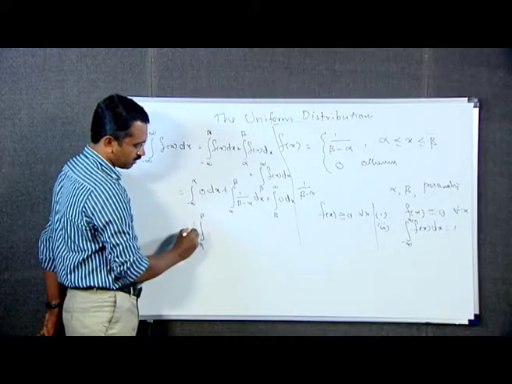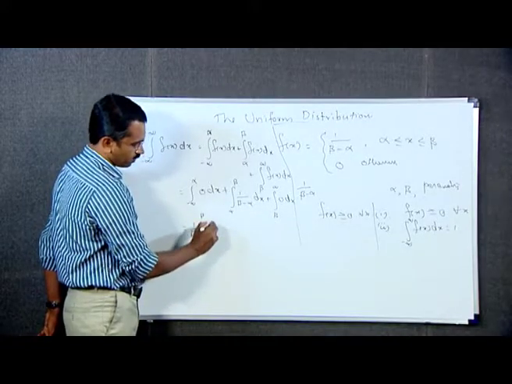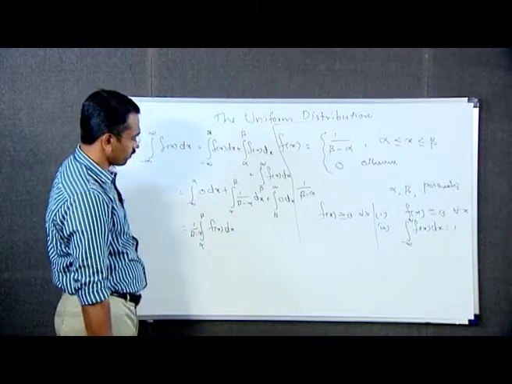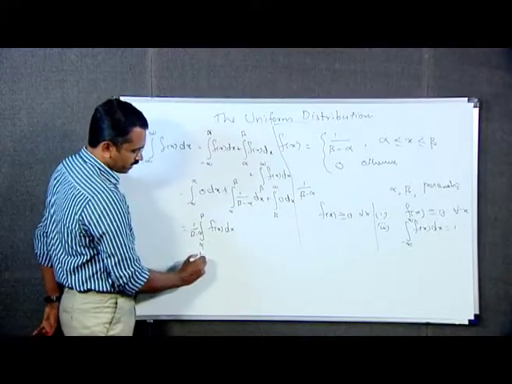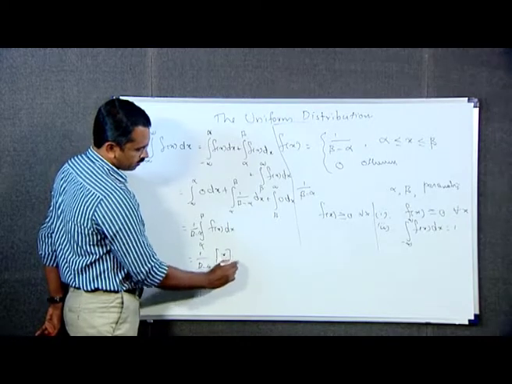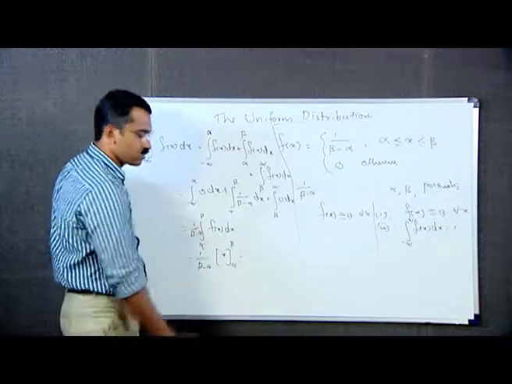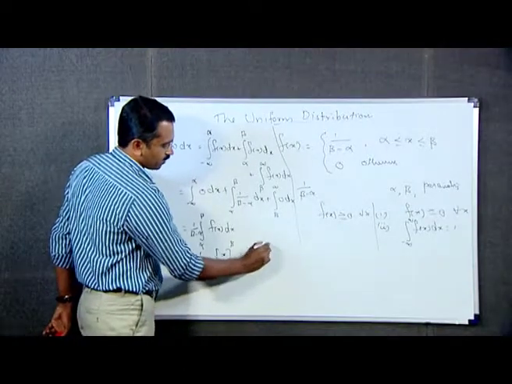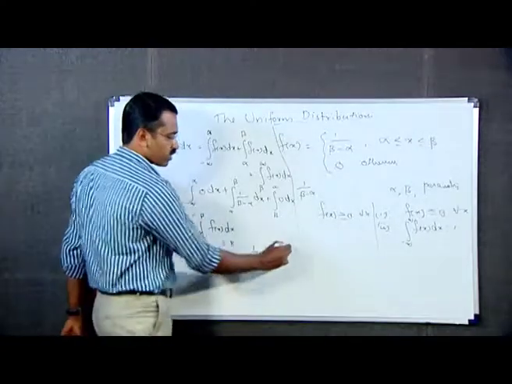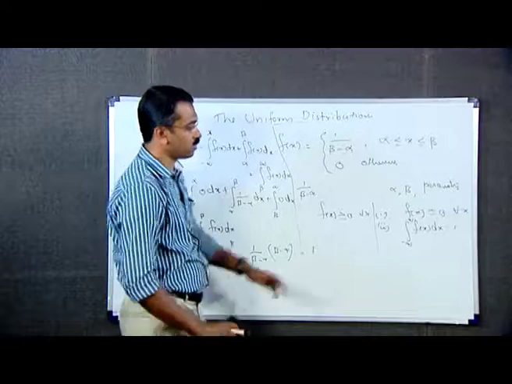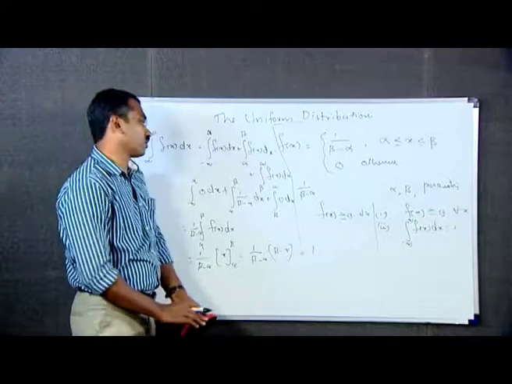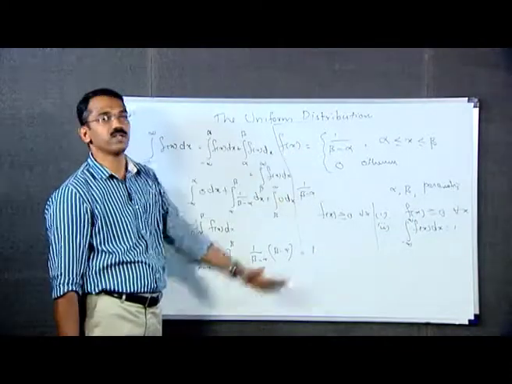We can take 1 by beta minus alpha outside. That is equal to 1 by beta minus alpha into x between the limits alpha and beta, that is 1 by beta minus alpha into beta minus alpha, which is equal to 1. Therefore, the second condition is also satisfied. Hence, this function can define the PDF.